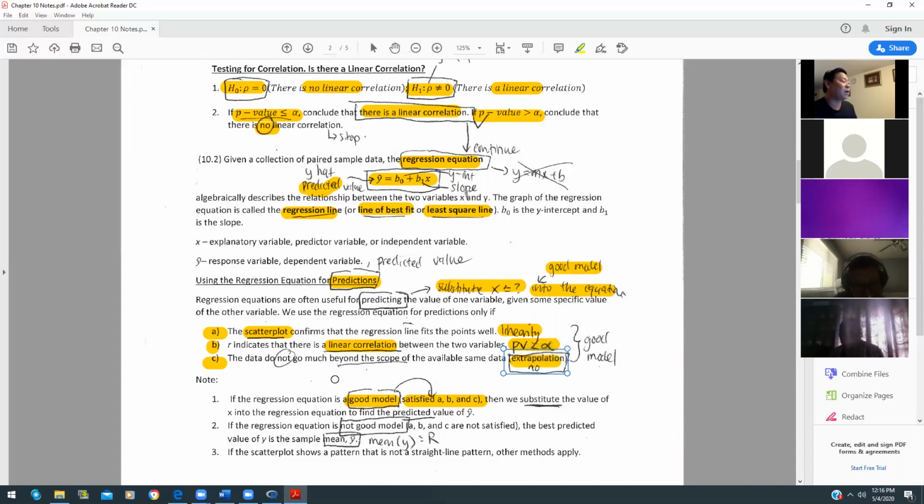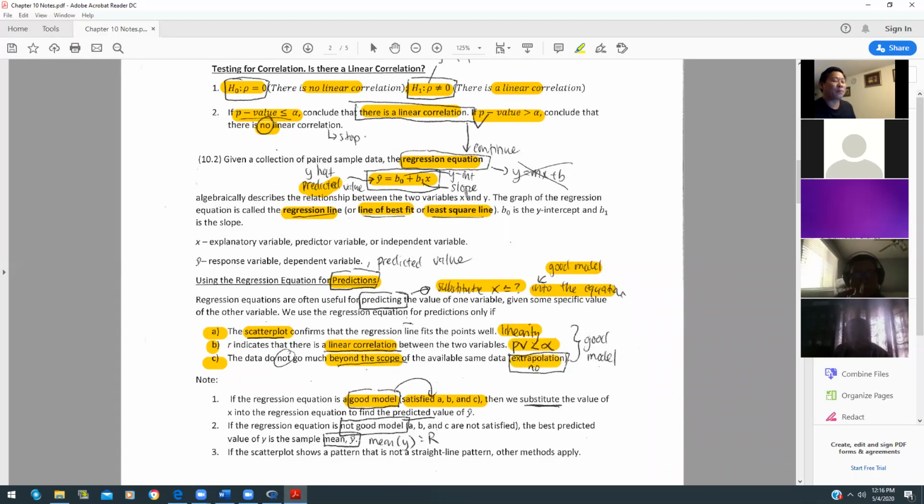What is extrapolation? Extrapolation is when you try to predict something that is beyond the scope, okay? For example, let's say you want to predict the gas price for tomorrow. That is not extrapolation because tomorrow is not beyond the scope.